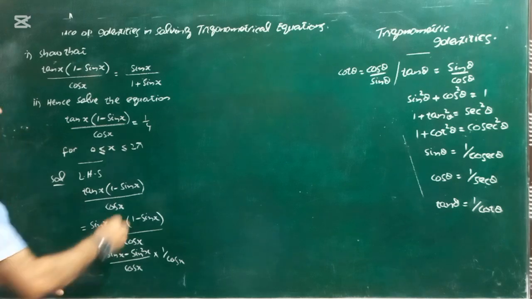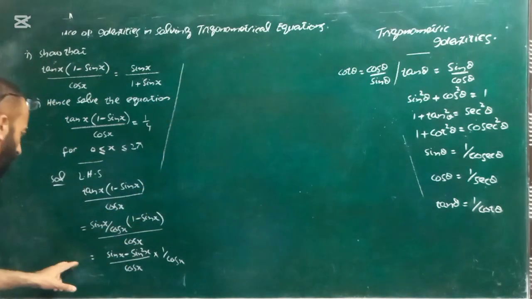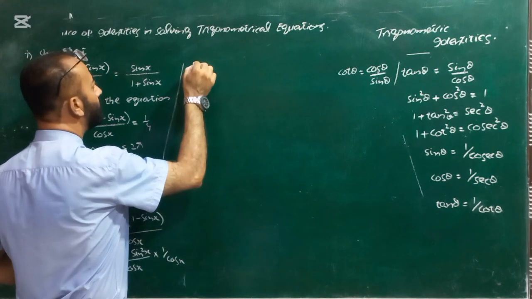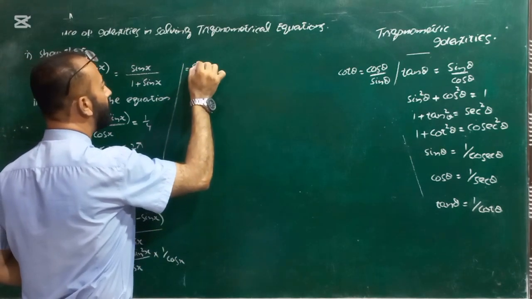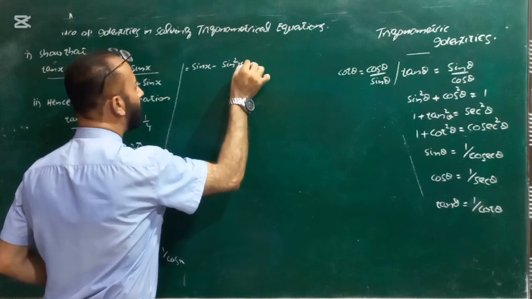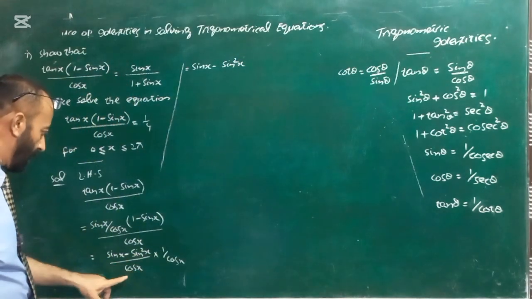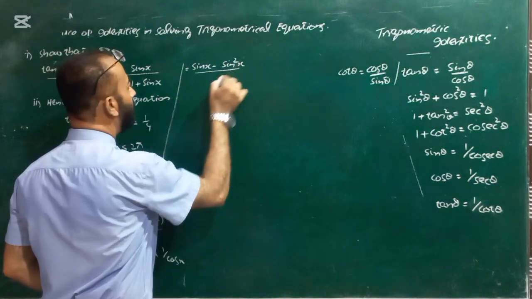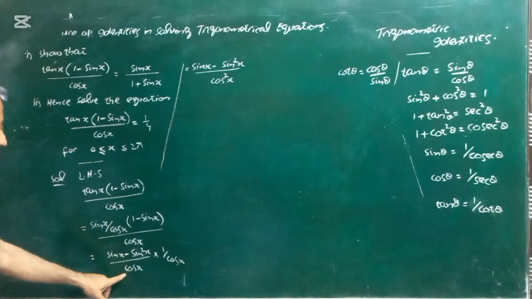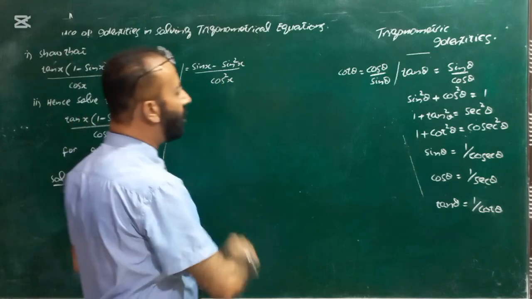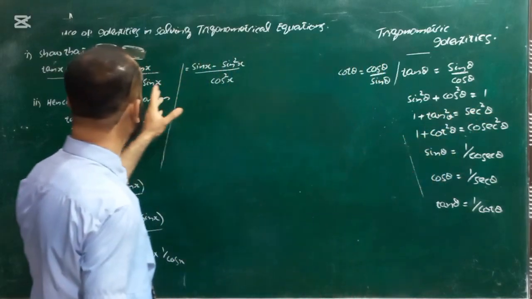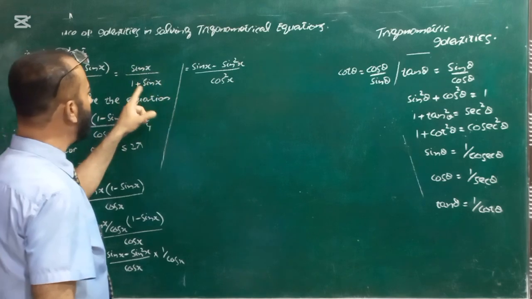Okay, moving further. Sin x minus sin²x over cos²x, because these two cos are multiplying with each other, and cos²x will be equal to 1 minus sin²x because we want all quantities in sine.